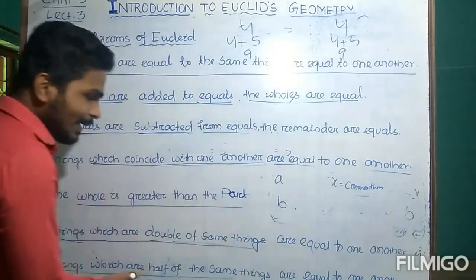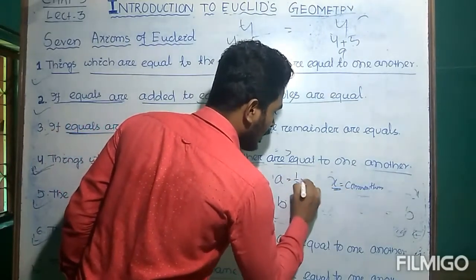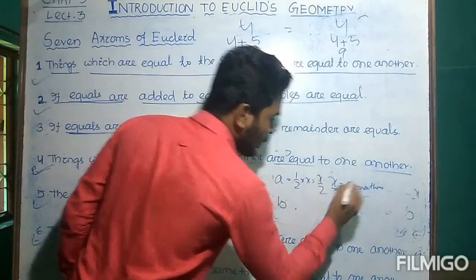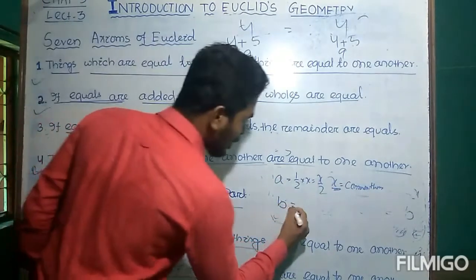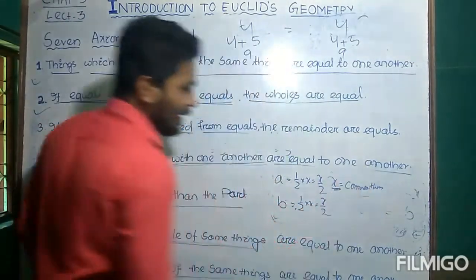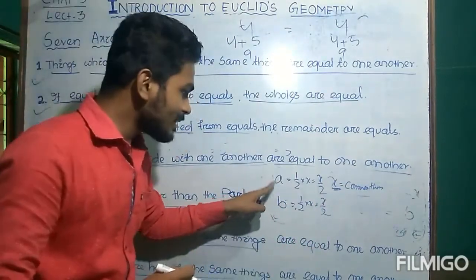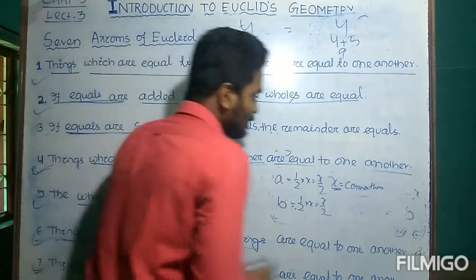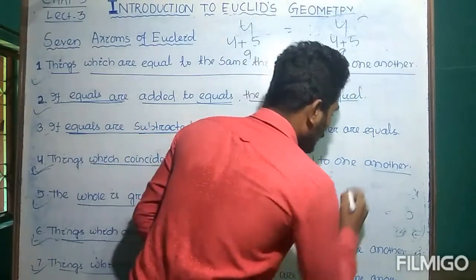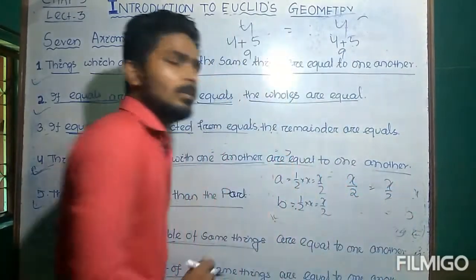According to the statement, A is half of this, that means X by 2, and another thing, B, is also half of this, that is X by 2. Then you can conclude that A is equal to B. How? Let's see. As you know, X by 2 is equal to X by 2.